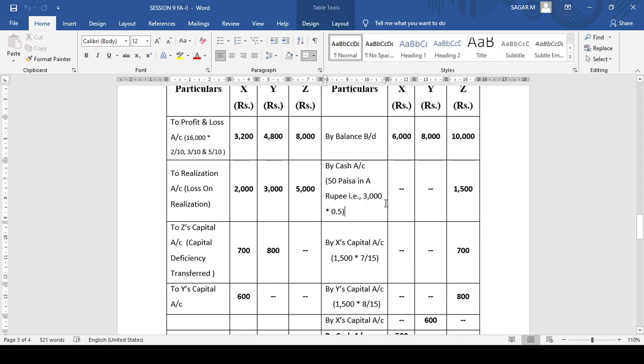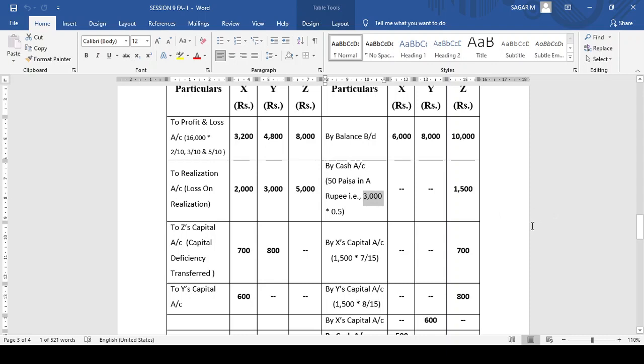We got 3,000 rupees. But in the adjustment they are telling us that Z is able to bring in 50 paisa in a rupee. That is, out of the capital deficiency of 3,000, Z is able to bring 50 paisa in every 1 rupee.